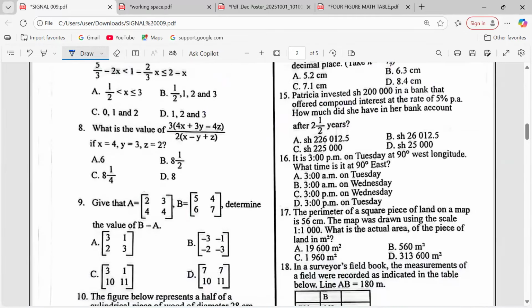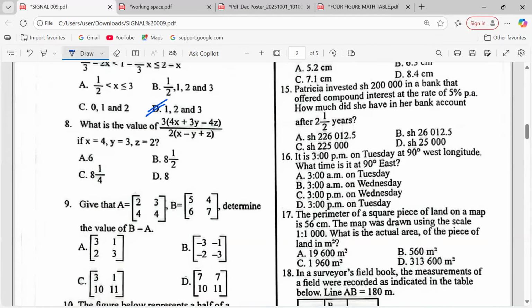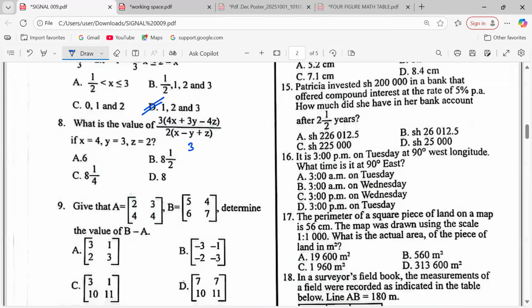Looking at number 8 now, what is the value of 3 into 4x plus 3y minus 4z divided by 2 into x minus y plus z? So this is an evaluation on what you call substitution. Let me actually, for precision, substitute it in the space that we just have here. So I talk about 3, then inside the brackets, I'll be having 4 times the value of x, which is 4.